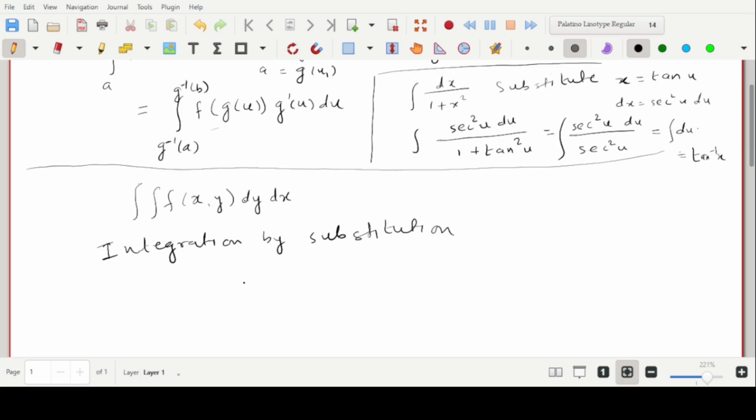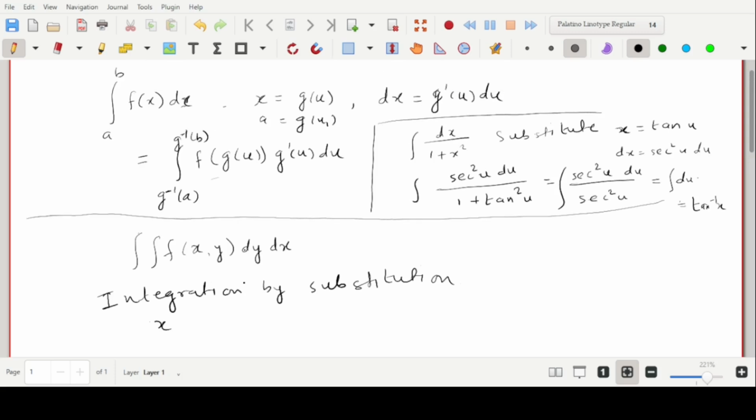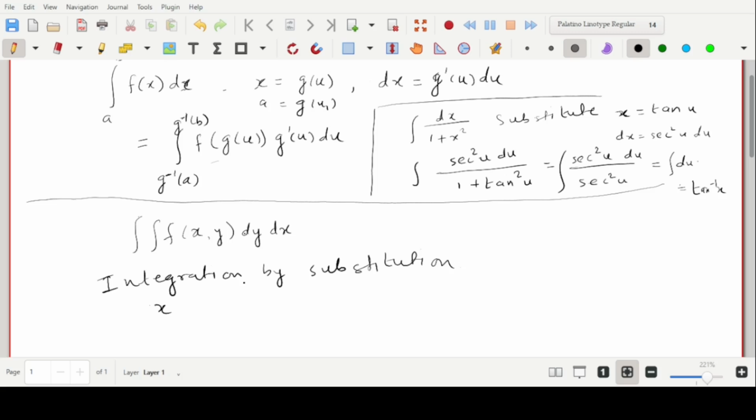As we expressed x as a function of u, here we shall express x as a function of u and v, and we shall call this function again x, and also y as a function of u and v.